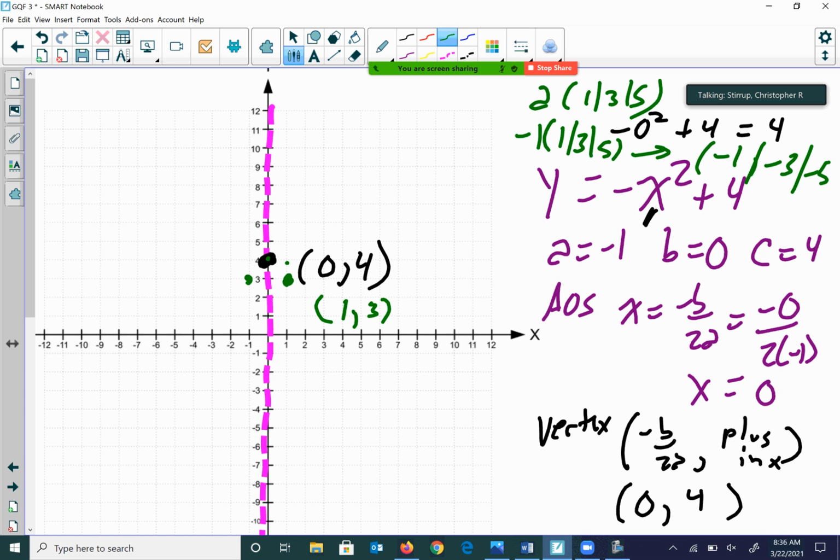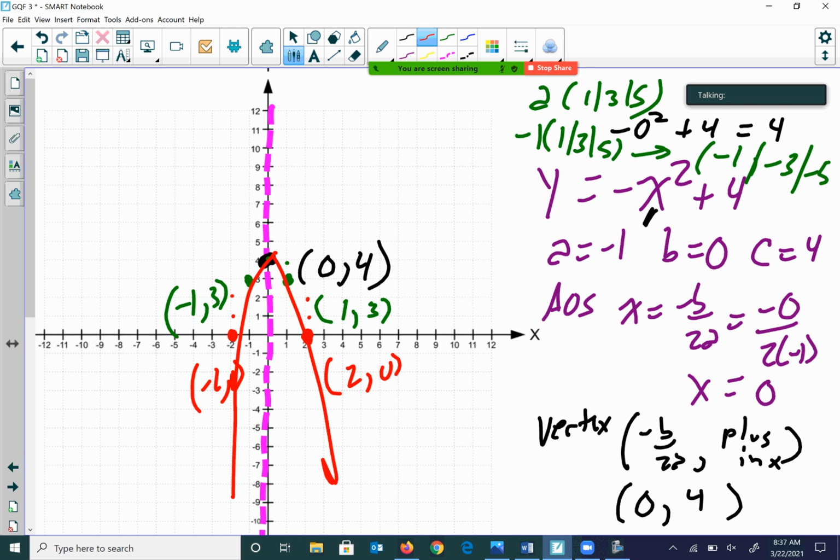Left 1, down 1. So that takes me to the point negative 1, comma, 3. And then I'm going to go right 1, down 3. So that takes me to the point 2, comma, 0. I'm going to go left 1, down 3. That takes me to negative 2, comma, 0. And there's my parabola. Just like that.